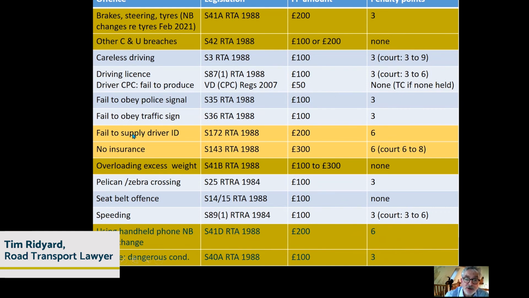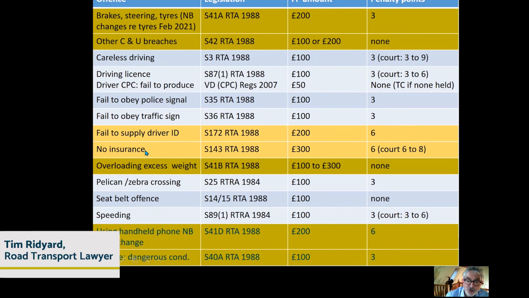Failure to supply driver ID bears 6 penalty points. Now, as a business, if you operate as a limited company, there's no personal company driving licence. But if you are a company director, secretary, member of staff, and you have connived in the non-supply of your driver ID, you can receive a personal summons or a fixed penalty, and it's 6 penalty points.